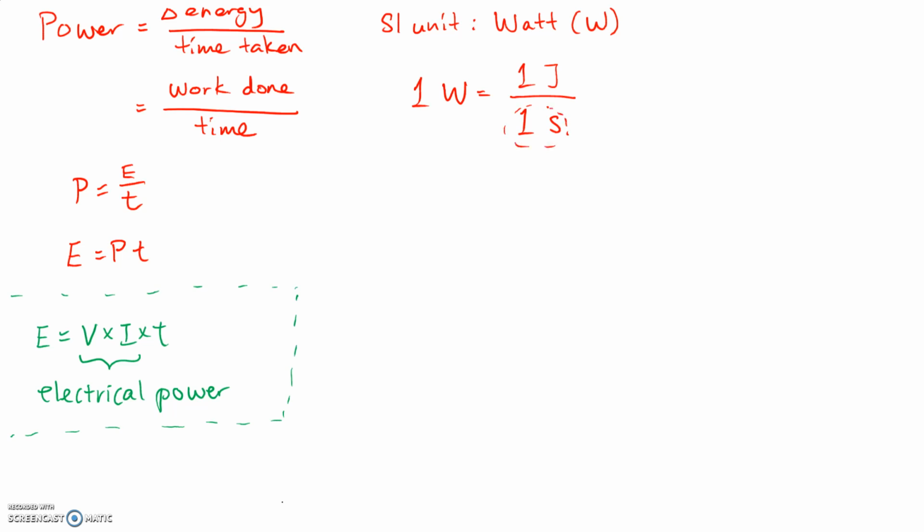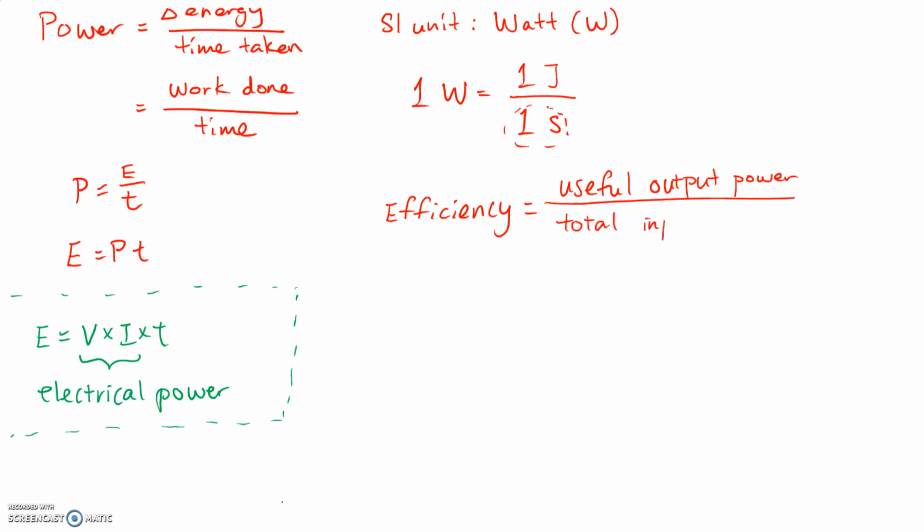Alright, so with that, more or less we are done with the big idea of this chapter. Another thing that you probably need to understand is this thing called efficiency. So efficiency actually talks about the useful output power over the total input power, and is usually expressed in percentage, so it's times 100%.